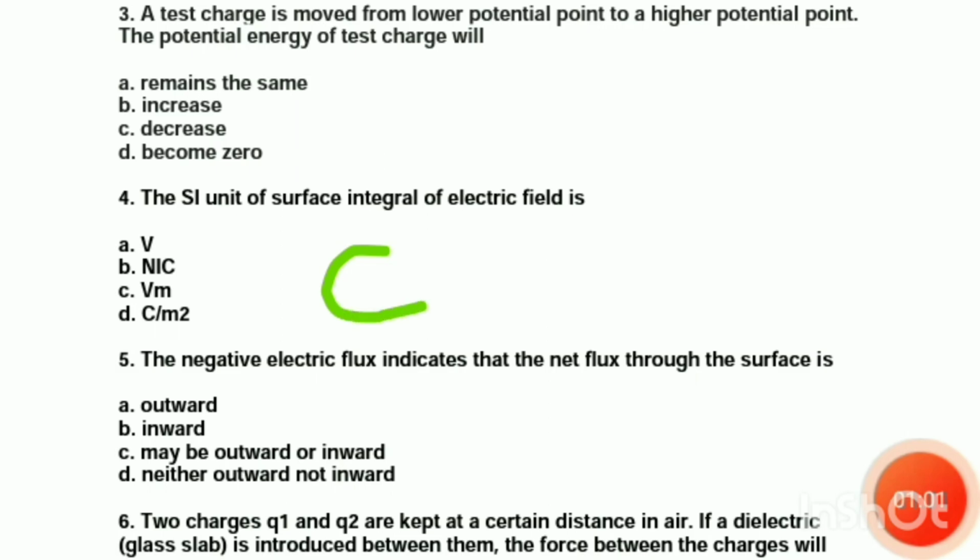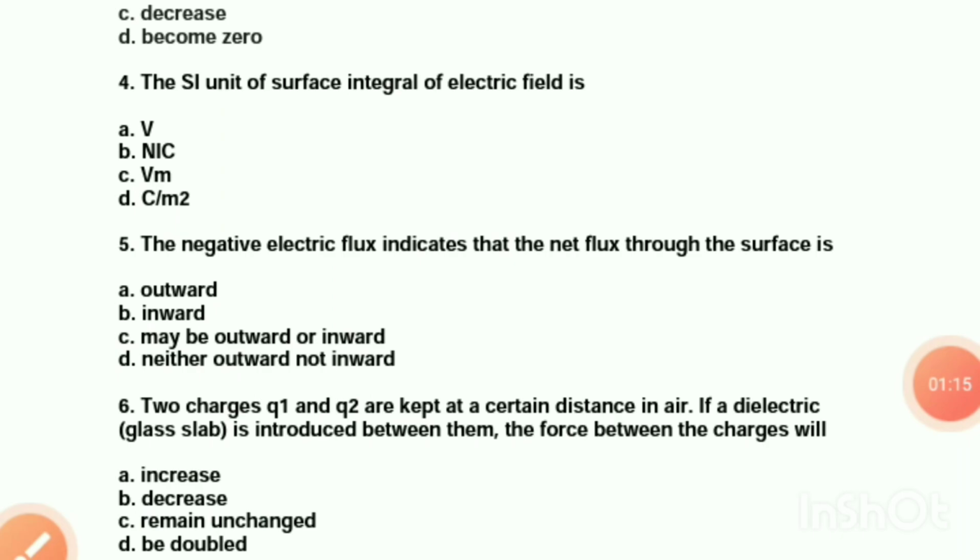அடுத்து the SI unit of surface integral of electric field is volt meter. C தான். அடுத்து the negative electric flux indicates that the net flux through the surface is inward. B தான். அடுத்து two charges Q1 and Q2 are kept at a certain distance in air. If a dielectric glass slab is introduced between them, the force between the charges will என்னாகும், decreases.